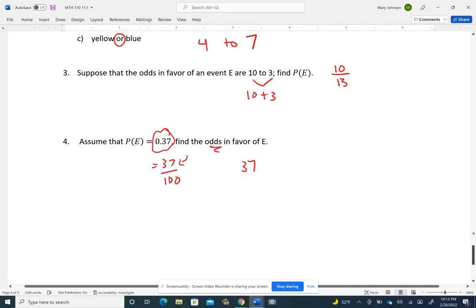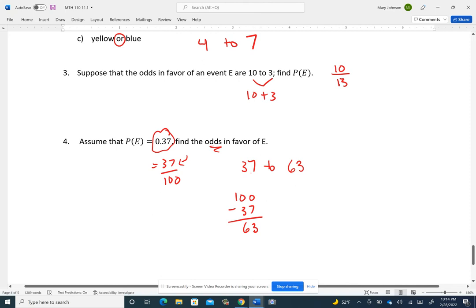And when you're doing odds, you do the ones that are in favor, to those that are not E, that are against E. So what you have to do there is take the 100 in the denominator, which represents the total, and subtract 37 from it. Okay, when you do, you'll get 63. So you would report it as 37 to 63. Okay, would be the odds in favor of event E happening.